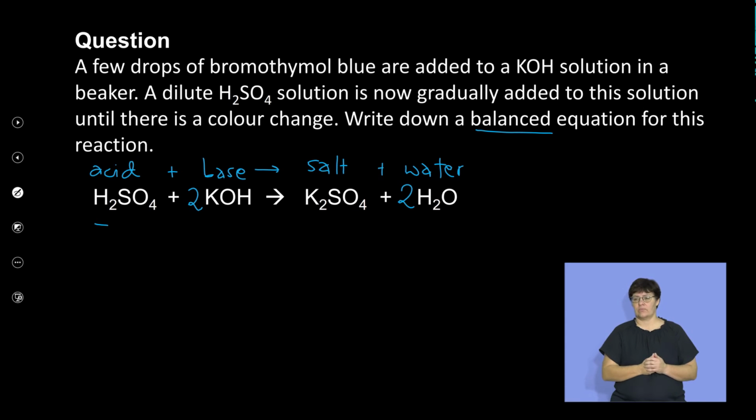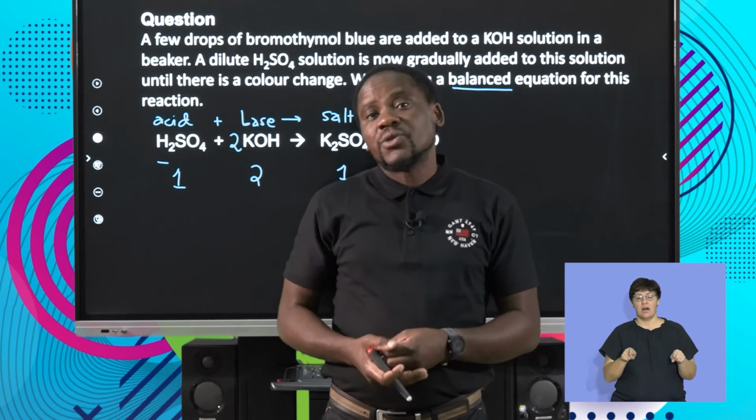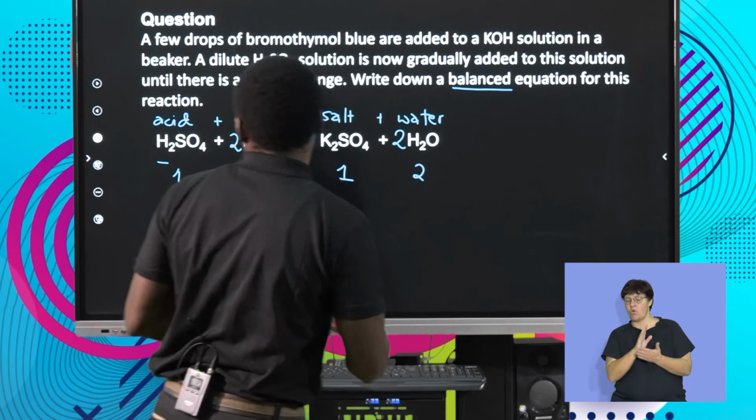So the stoichiometric ratio in which they react is one mole of the acid reacting with 2 moles of potassium hydroxide to form one mole of the salt and 2 moles of water. So this is the balanced equation. If there are any questions that have to do with stoichiometry, this stoichiometric ratio comes into effect, and we are able to apply it.